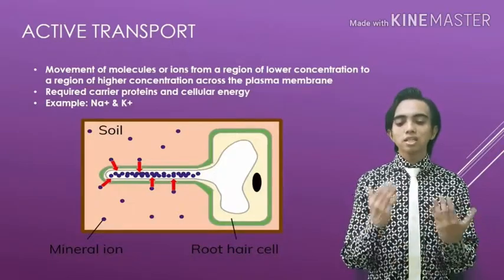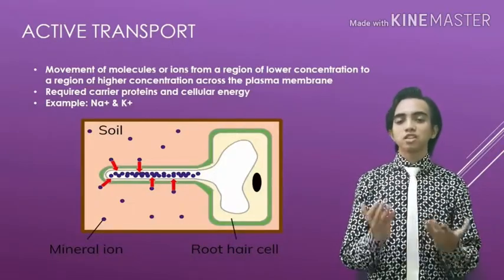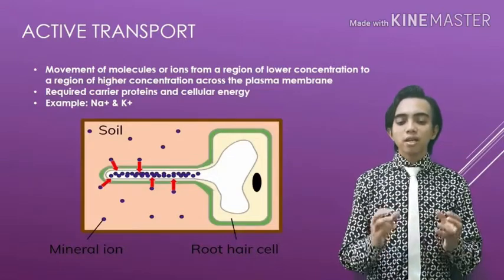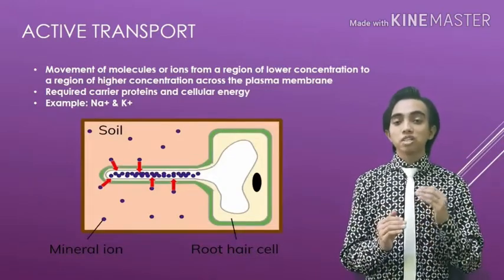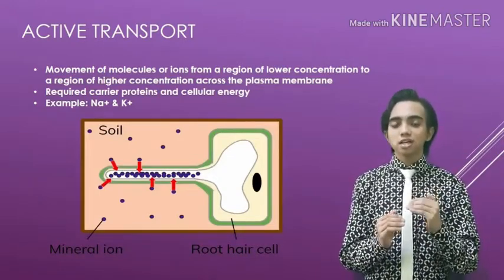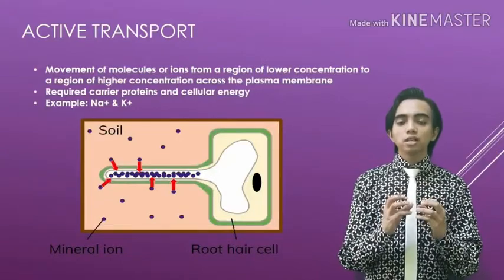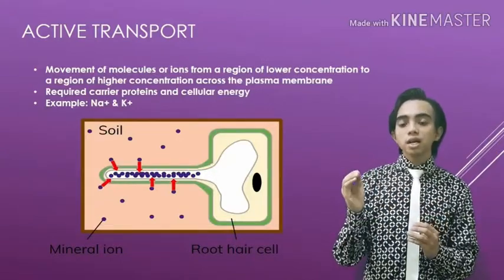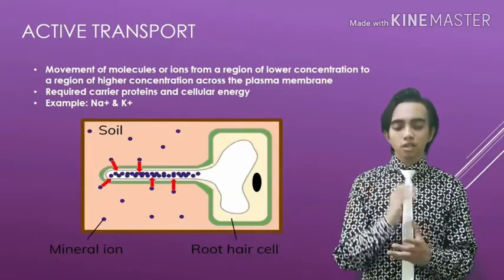So how can this active transport happen? Active transport happens when the concentration of mineral ions in the soil is lower, so the ions are carried into the root hair cell by active transport.